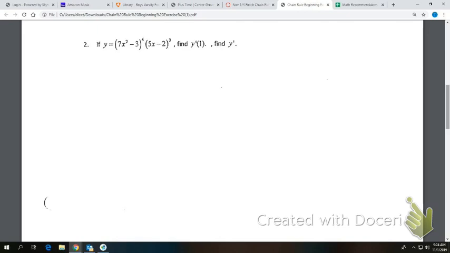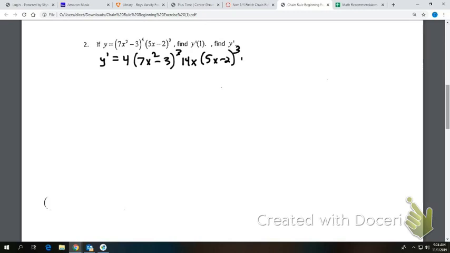So derivative of the first would be 4 times the quantity 7x squared minus 3, now raised to the 3rd power, times, what's the derivative of 7x squared? 14x, times the second term, which is 5x minus 2 quantity cubed. Everybody agree with that?